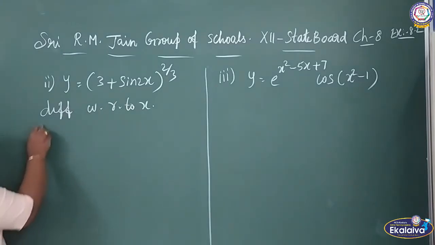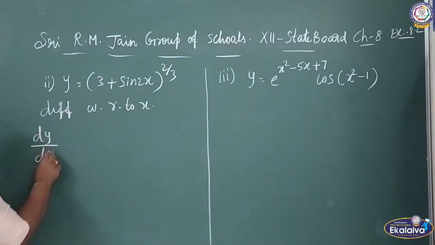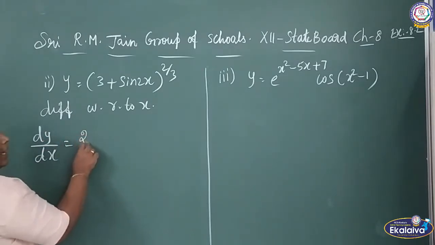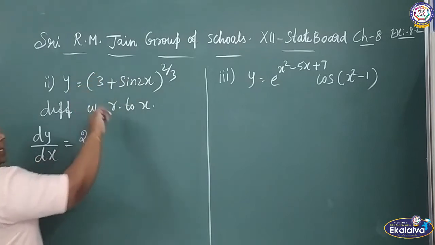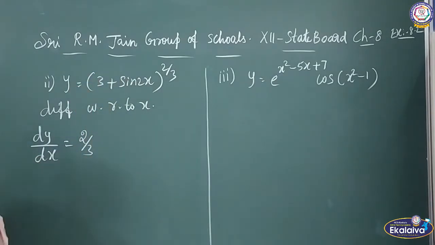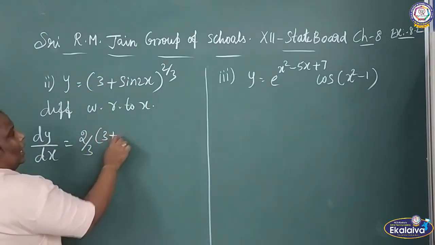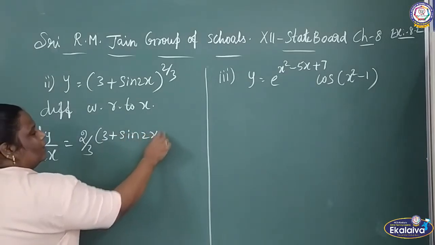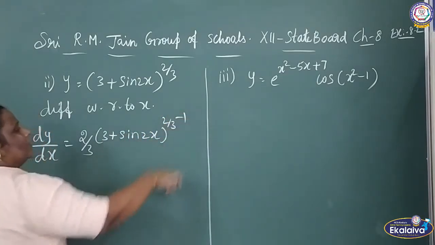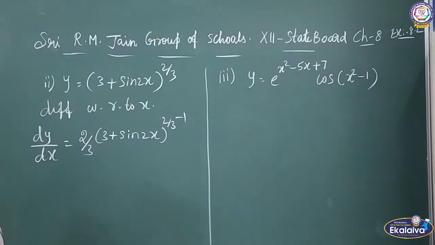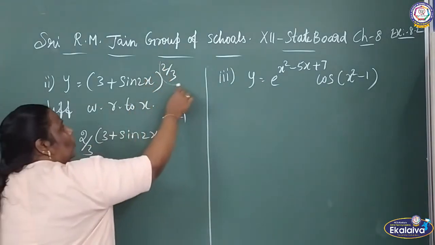So, dy by dx equals n into x power n minus 1, where the whole term you can consider as x. Then the power is over.